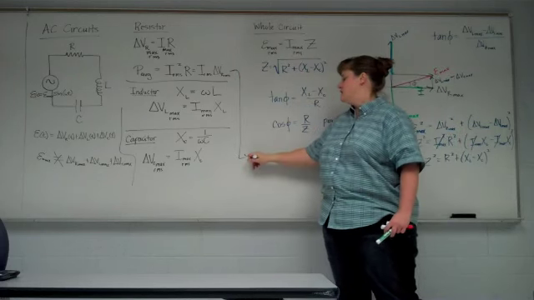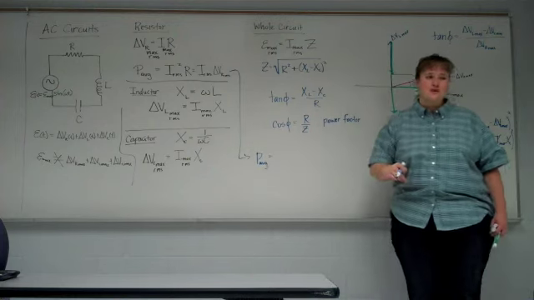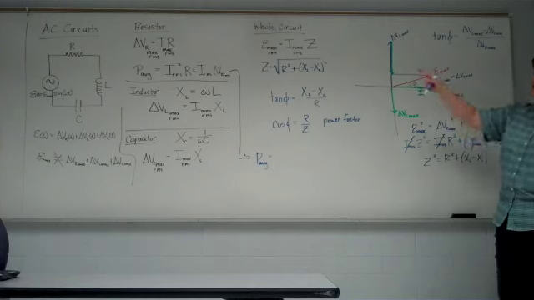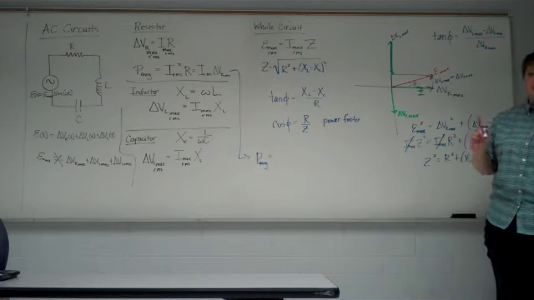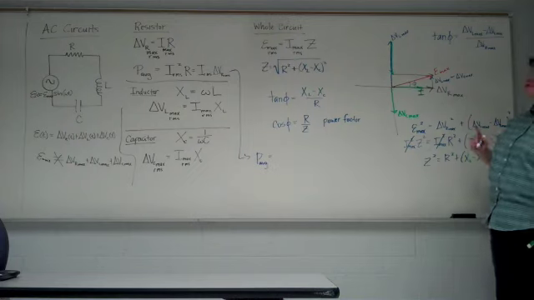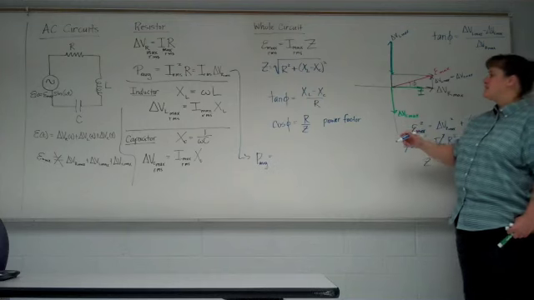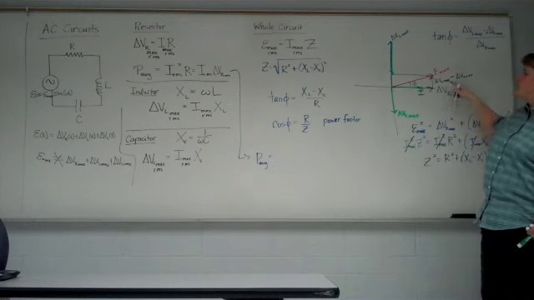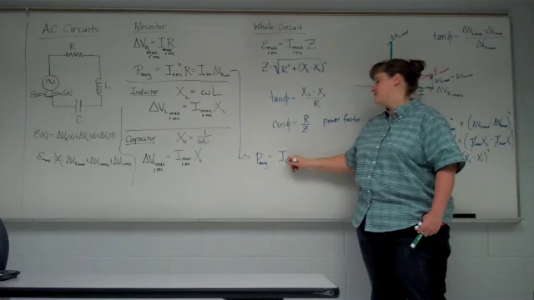Because if you want to write the average power in terms of the source voltage, average power depends upon the RMS value of the resistor's voltage. You need to replace delta VR RMS with the RMS source voltage times the cosine of phi. So you can write it this way.